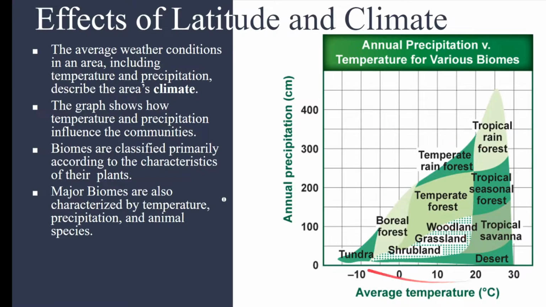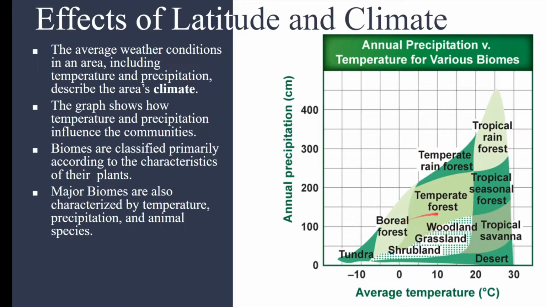But using both temperature and precipitation, if I told you it gets on average 400 centimeters of rain, and its temperature can range between 20 and 30 Celsius, it directly leads you to the tropical rainforest. But if I were to say 10 to 20 Celsius and it gets around 250 centimeters of rain, you'd say temperate rainforest.